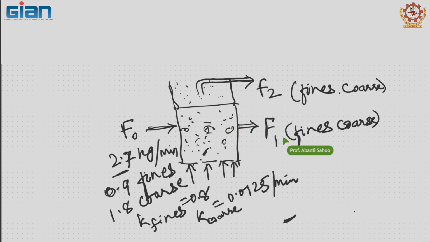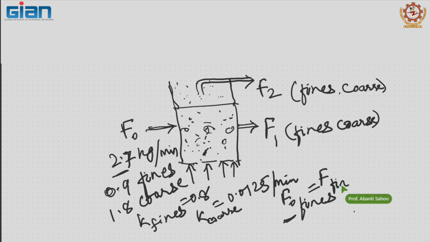So here we can do the balance. With respect to fines, F0 fines will be F1 fines plus F2 fines. Similarly, with respect to coarse, F0 coarse will be F1 coarse plus F2 coarse.